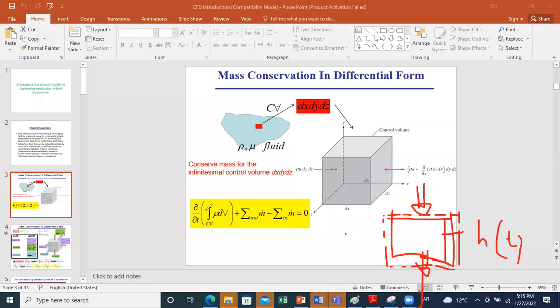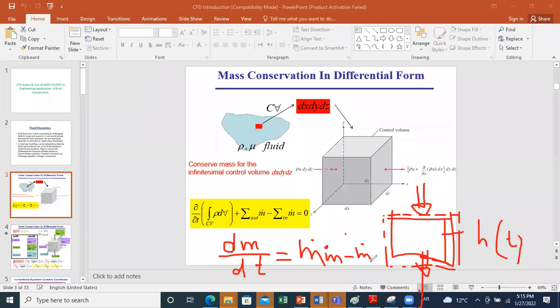So you can just say that the storage term, or variation of mass in my reservoir, dm by dt, is equal to the flux coming in, m dot in, minus m dot out.